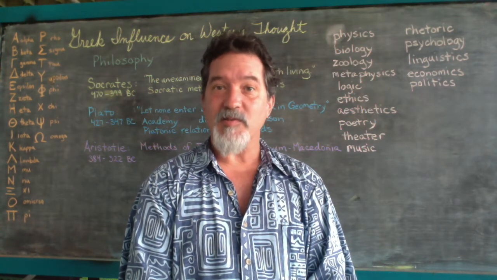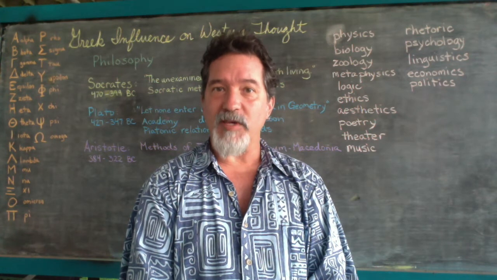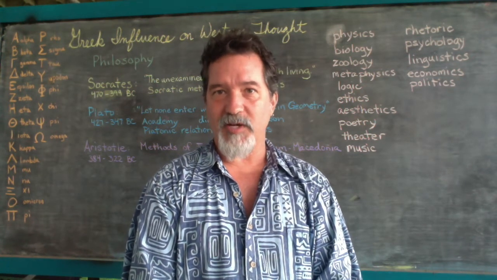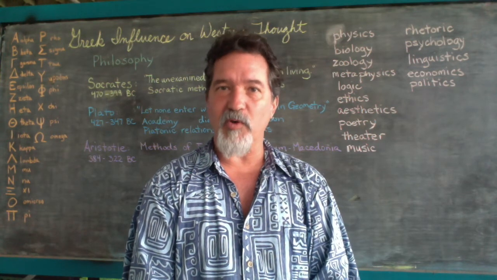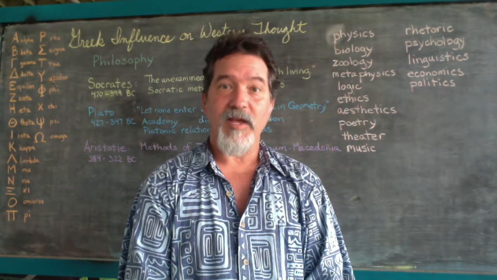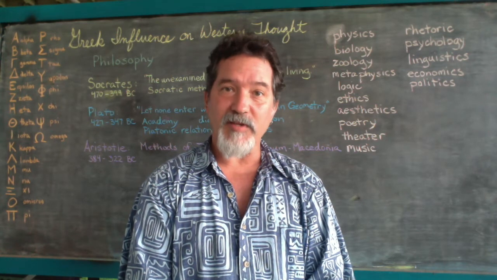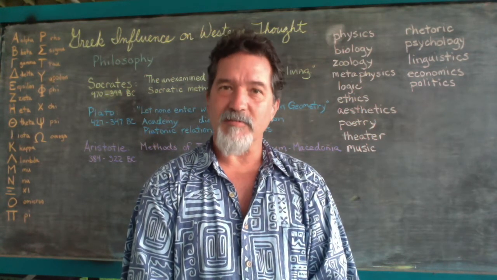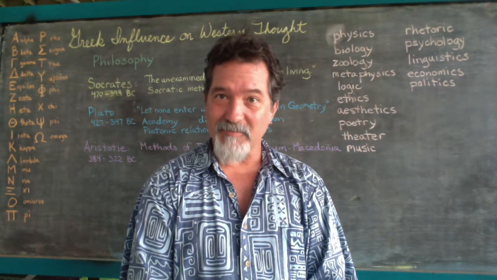Aesthetics is a way of looking at how things are beautiful in the world, what is pleasing. Poetry, how do we create beautiful words? Theater, how do we enjoy performing things, exploring ideas in a creative way? Music, that needs no explanation.